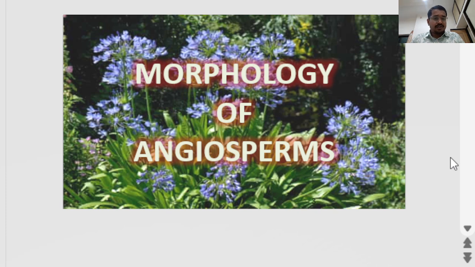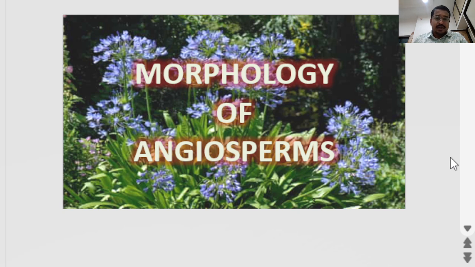Now the second question is angiosperms. When we study the plant kingdom, there are several types of plants like algae, bryophytes, pteridophytes, gymnosperms, and angiosperms. But when we speak more specifically about the angiosperms, they are those plants which are characterized by the presence of complete flower and fruits.